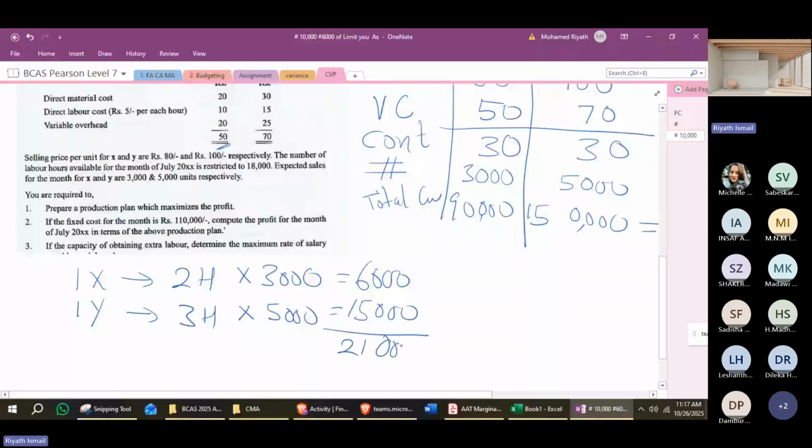Altogether, 21,000 hours are required to make this 240,000 profit.